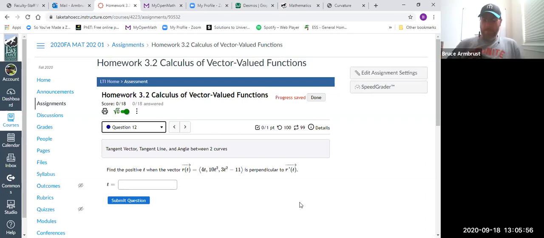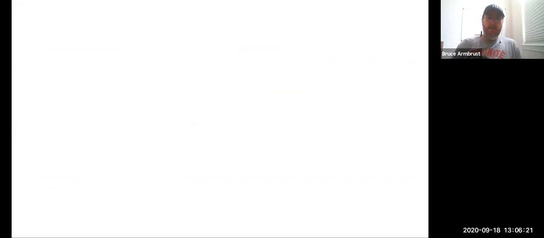All right, so I think we know what our strategy is here, right? We're going to go ahead and find r prime, and then we're going to see where that is orthogonal by finding the dot product. So let's pull up a whiteboard here. And let's see if we can work this guy out. So I'm going to just move this for a second so I can get my vector.